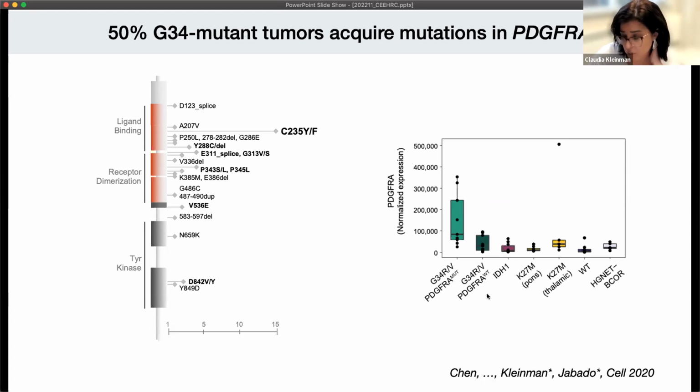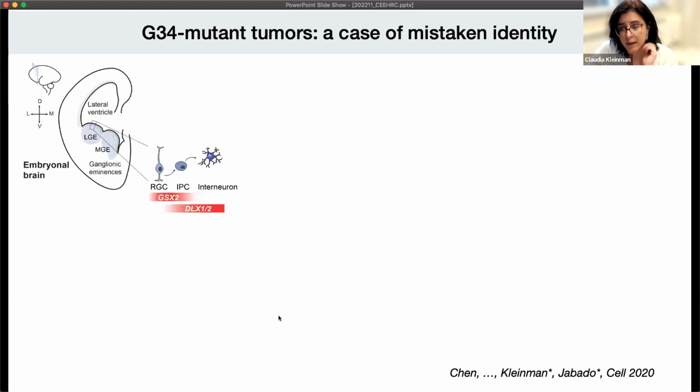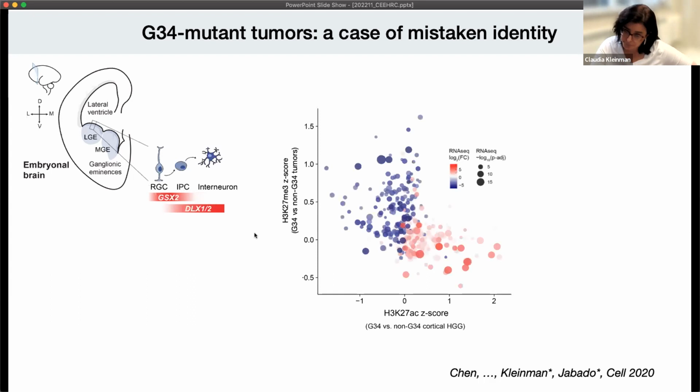So back to our question, why are we seeing this particular association of mutations in these tumors? In this case, it is quite beautifully explained by the hierarchy of transcription factors that are actively involved in committing cells into the interneuron fate. Cortical interneurons are very well described to originate in a progenitor niche that is transient in development, the ganglionic eminences, governed by a triad of transcription factors, GSX2 and DLX1 and 2.